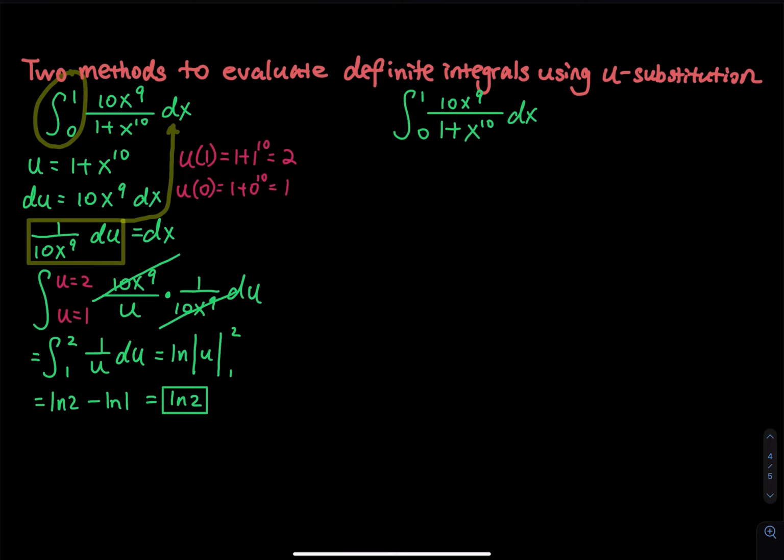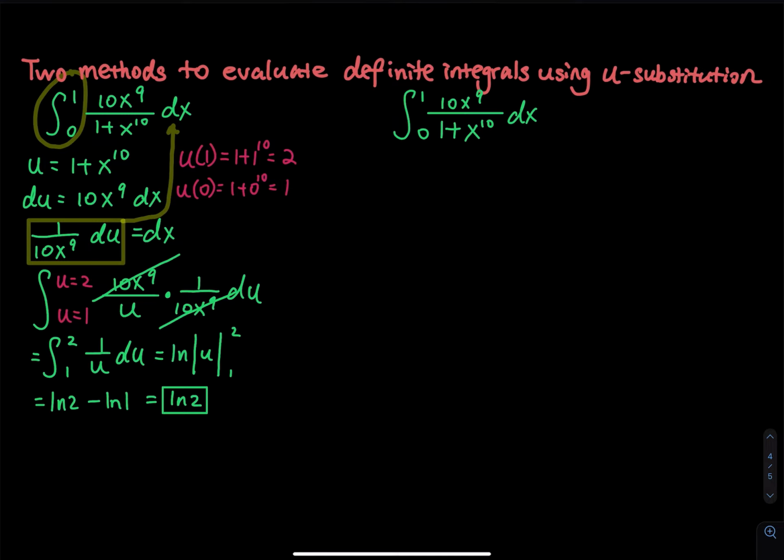And then what is the other way to evaluate this definite integral using u substitution? For the other method, we still use u substitution first. I am going to do this one more time.